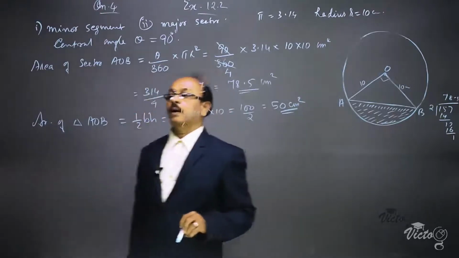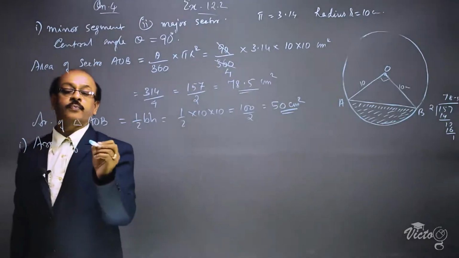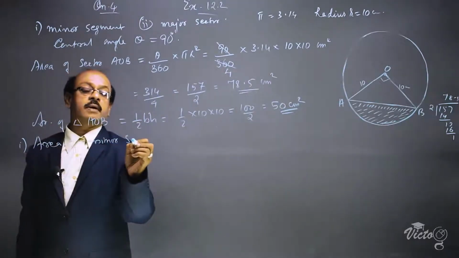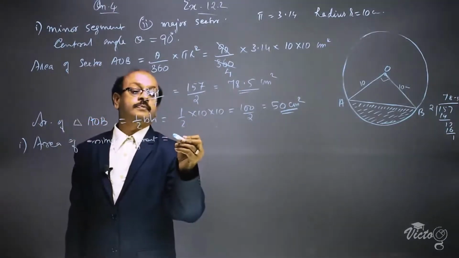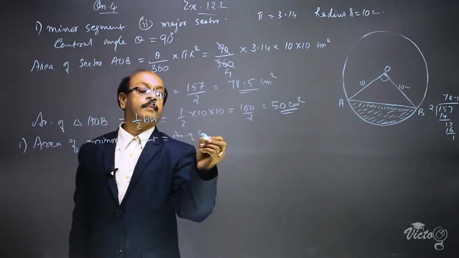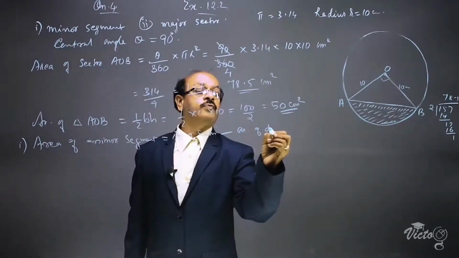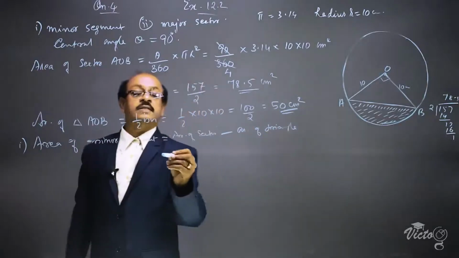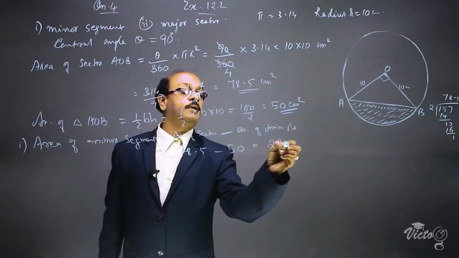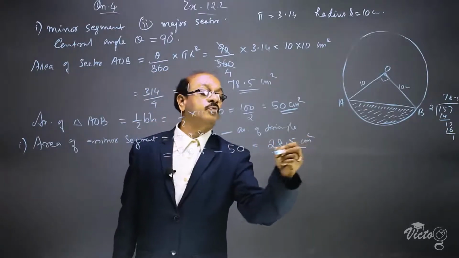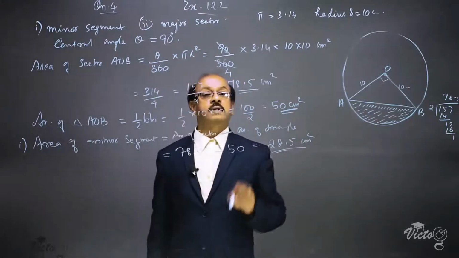Area of minor segment is equal to area of sector minus area of triangle, that is 78.5 minus 50, which is equal to 28.5 centimeters square.